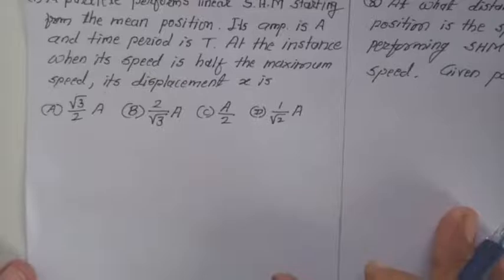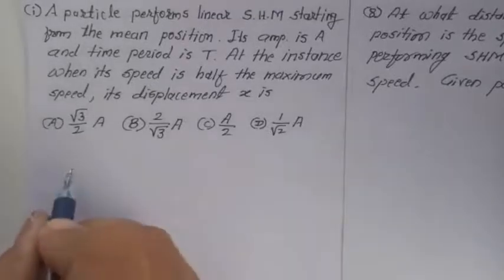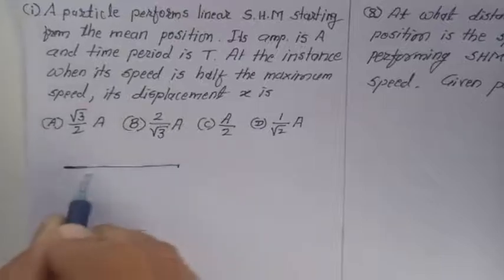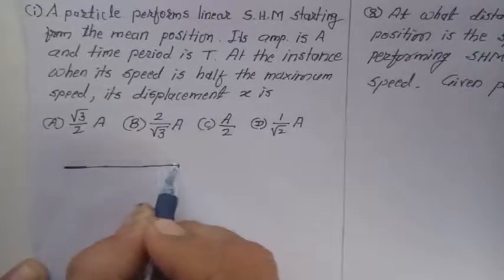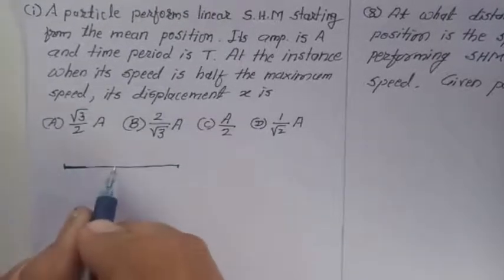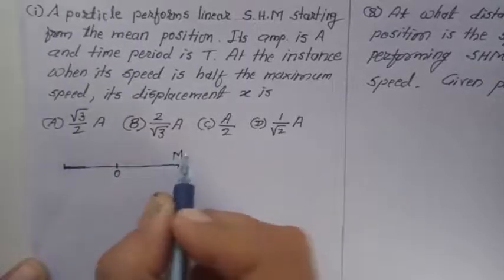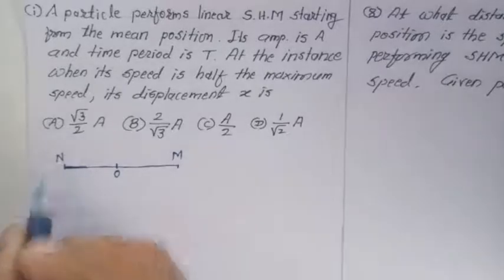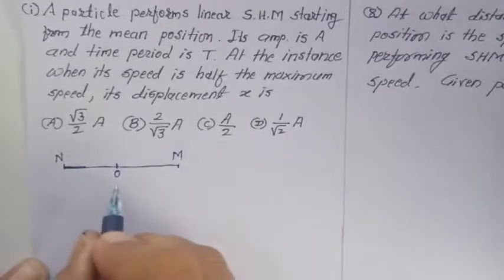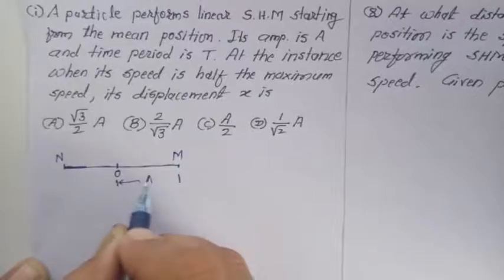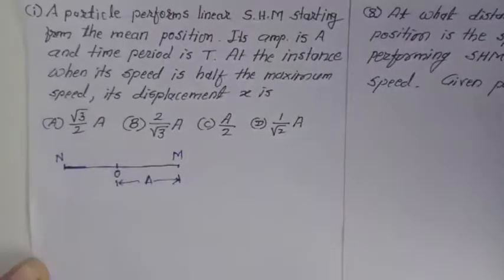See here, what is given here? What we can say? Now this is the path of simple harmonic motion. As the simple harmonic motion is linear, here the path is linear. This position is the mean position, suppose, and these two are the extreme positions, M and N. Here A is the amplitude of SHM given and T is the time period.